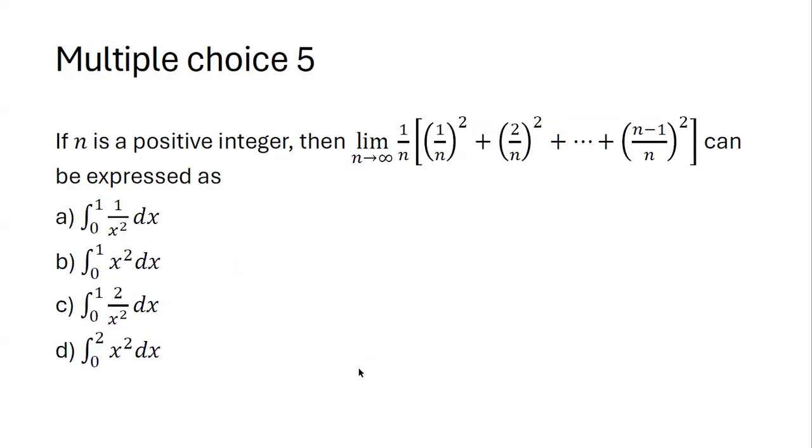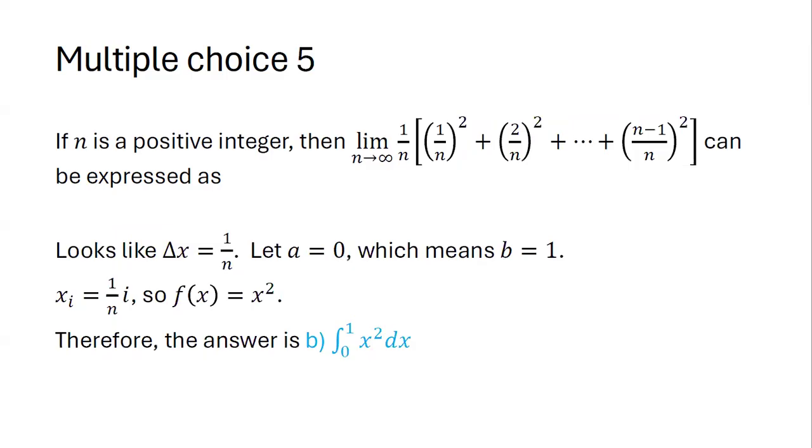Number 5, if n is a positive integer, then this limit can be expressed as which one? Okay, so hopefully you got the pattern. Delta x is probably 1 over n. We let a be 0, which means b equals 1 from our (b minus a) over n. And therefore, x of i is 1 over n times i. Let's double check.